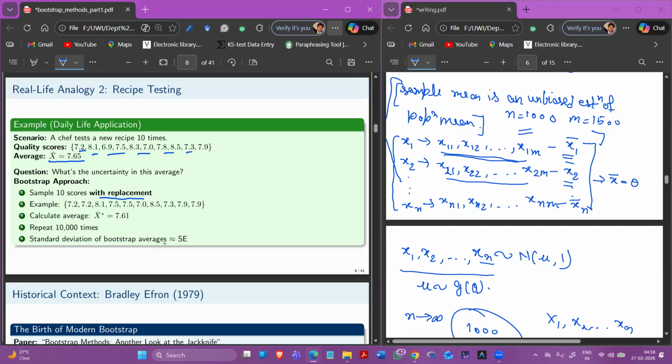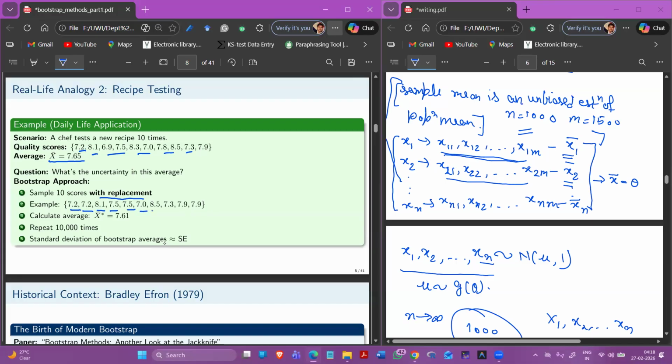I took 7.2, and 7.2 is going to occur two times here, while in the original you find 7.2 only once. 8.1, 7.5 is occurring twice again, while 7.5 was there only once.